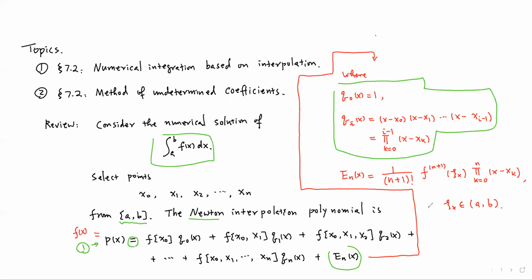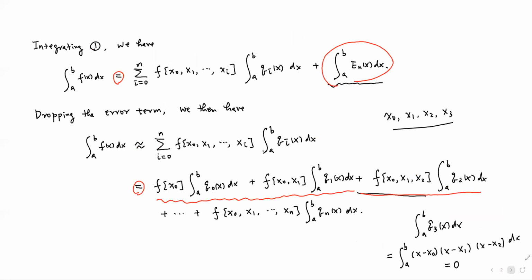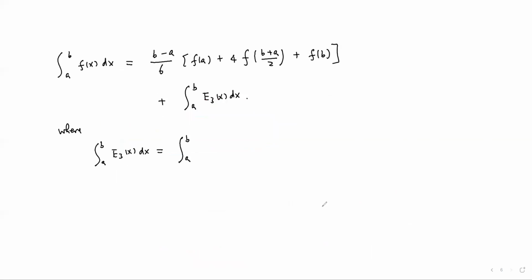Oh, En is given here. Now n is 3, so this is 1 over n plus 1, with n equal to 3, so 4 factorial, times the fourth derivative of f.